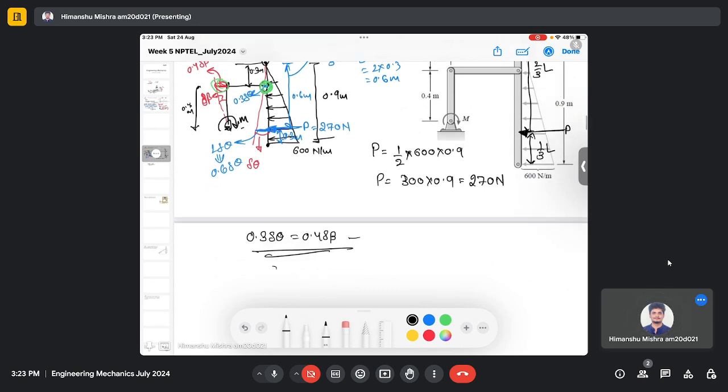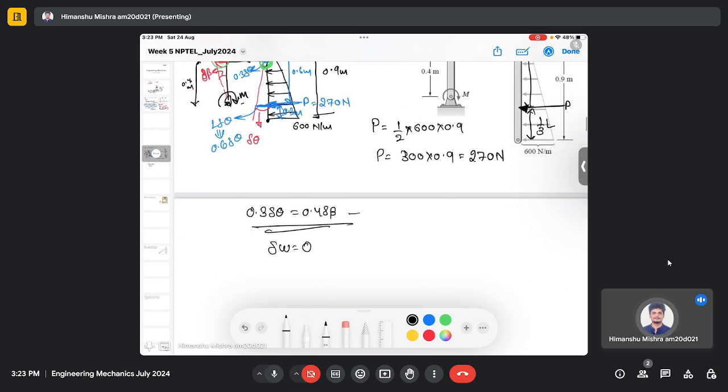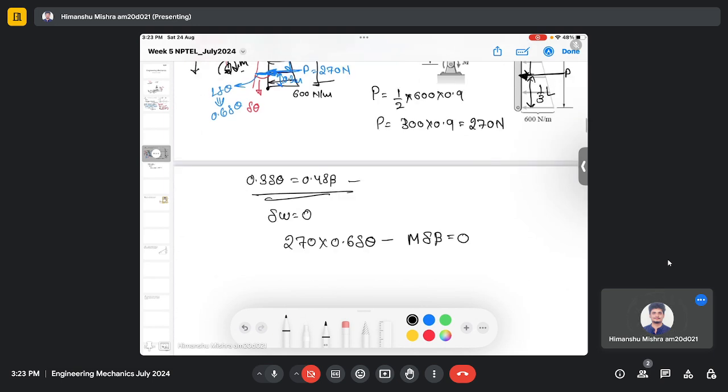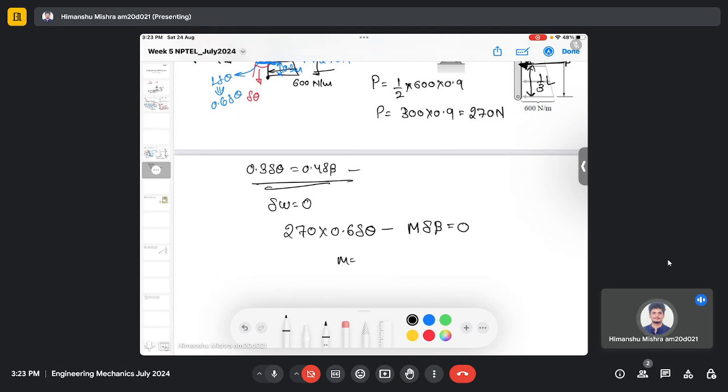So from the virtual work principle, the summation of all virtual work should be 0, and the work done will be due to force, 270 multiplied by displacement, which is 0.6 del theta, minus due to the moment and its angular virtual displacement del beta, equal to 0, and we need to find the moment here. So the moment will be 270 times 0.6 divided by del beta.